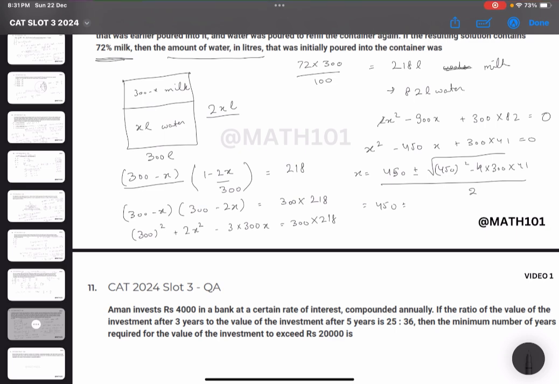I think we have made some calculation mistake. b square minus 4ac, 450 into 450 minus 1200 into 41.